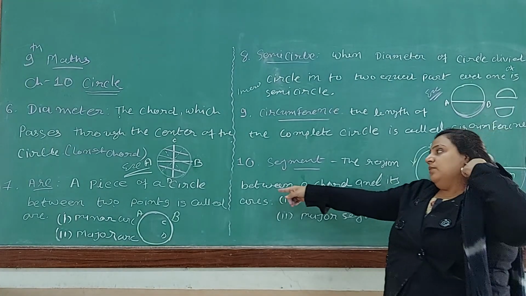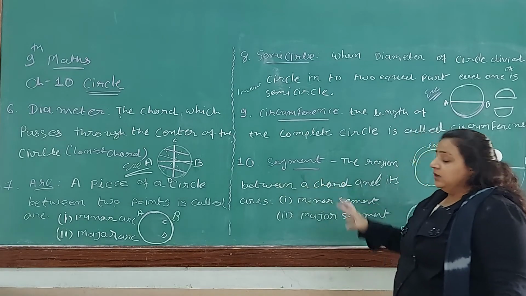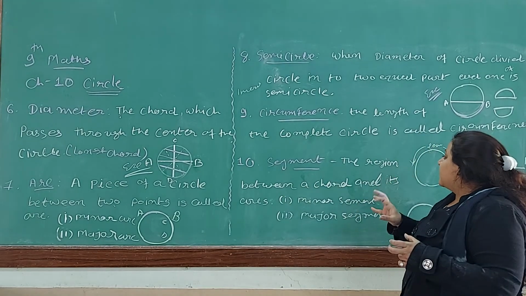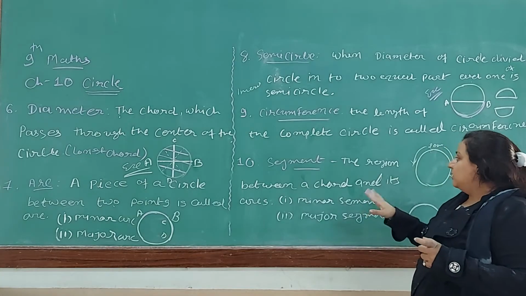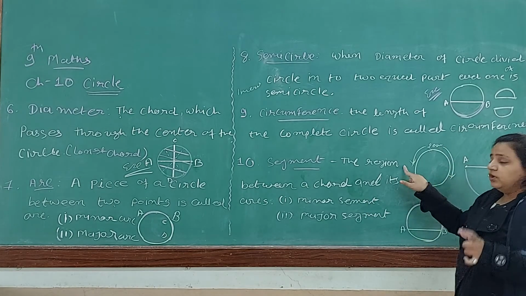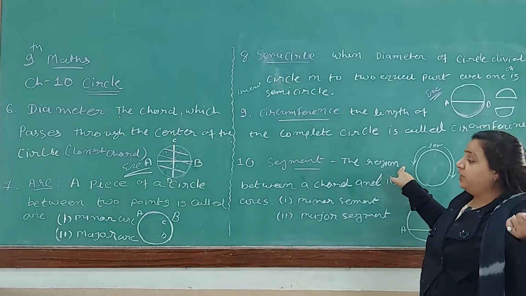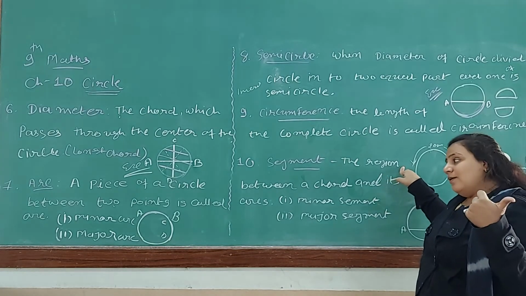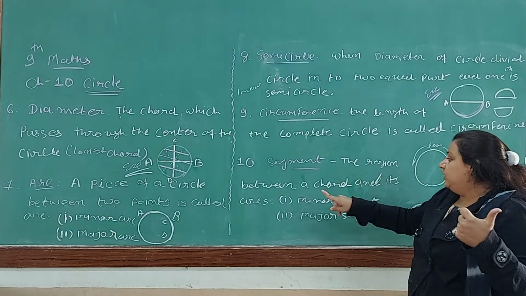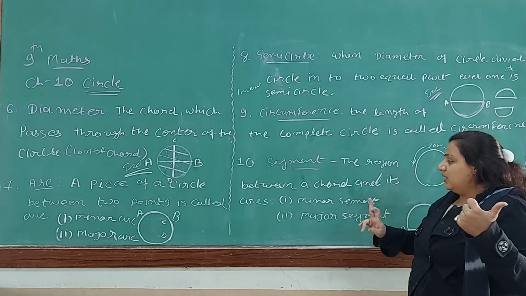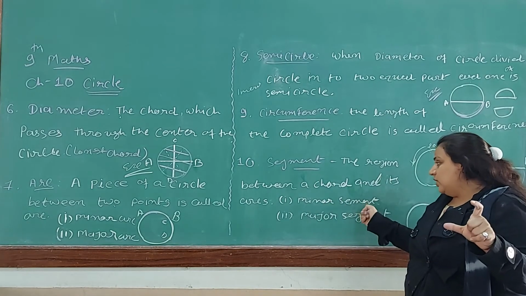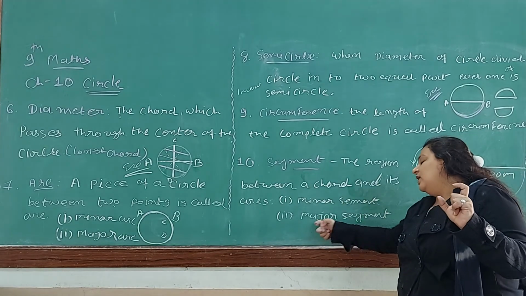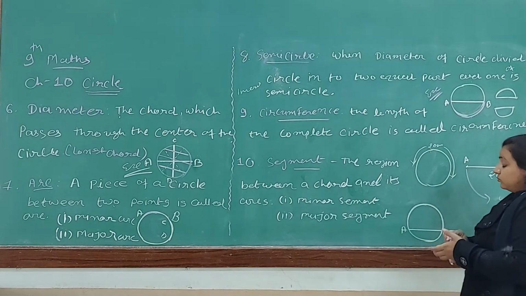Then definition number 10, a segment. The region between a chord and its arc. You must know what is a chord, and you must know what is an arc. So the region between a chord and its arc is known as a segment. Now two types of segment, minor segment and major segment.